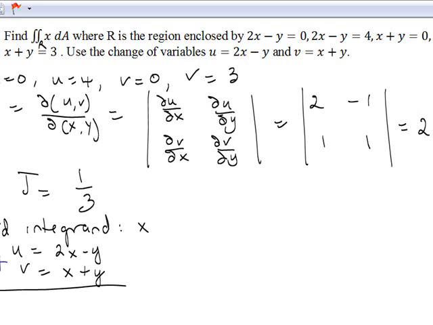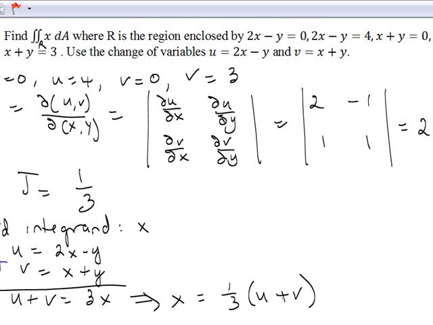When you add this together, you get u plus v equals 3x. So x is 1/3 of (u plus v). Okay? Nice.